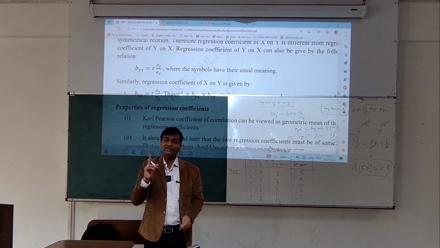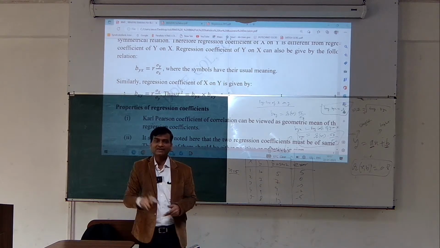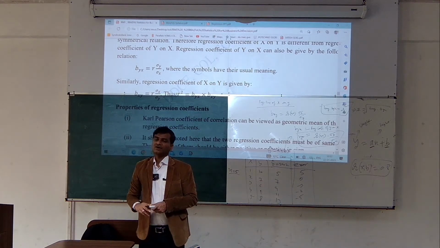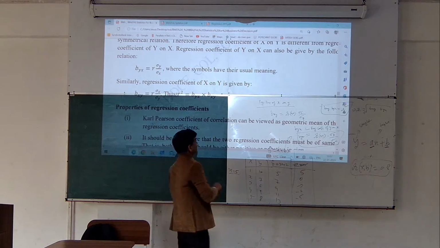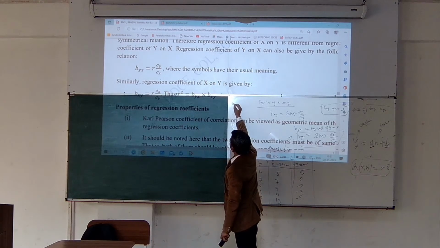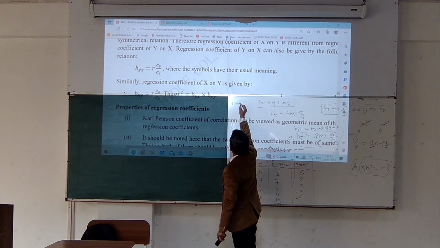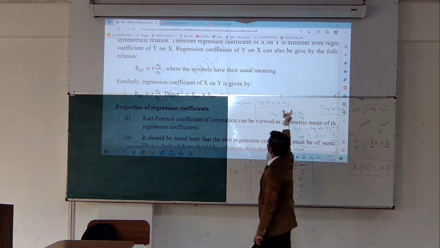So there are two regression coefficients, one is y on x, another is x on y. Similarly, we have two equations of line, two regression lines. First, जो regression line है, one is the regression line of y on x and the other is x on y.